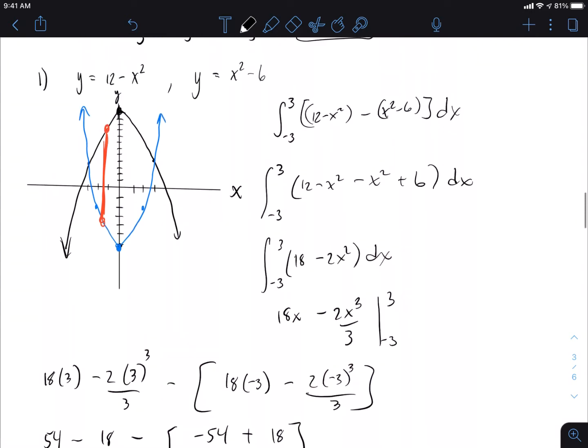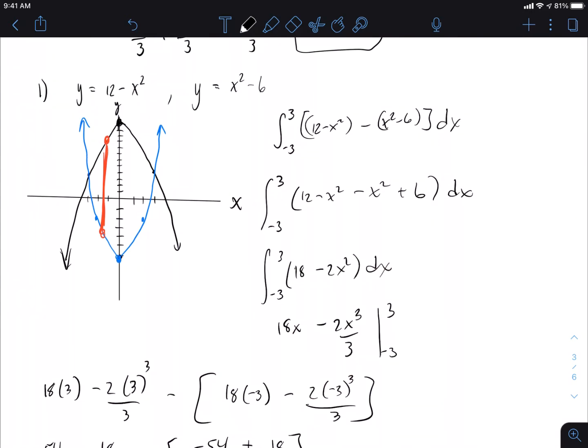I have another question. So you know how the blue graph... That's how you tell which one's greater than the other, like on top of the other. Referencing the blue and the black graph, it looks like the blue is on top of the black.